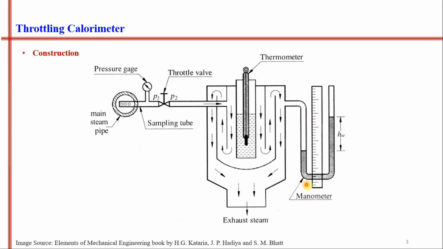A manometer is a device which is used to measure pressure, and there is some liquid inside the manometer. This HW represents the difference in the levels of the manometer tube. So how is the dryness fraction measured?